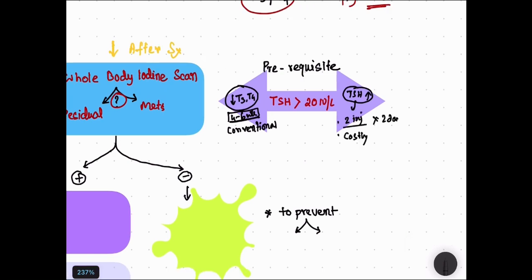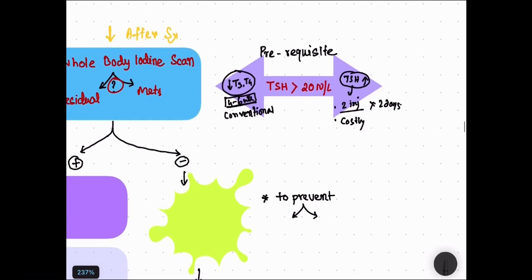If the patient does not have time, then we can recommend these TSH injections. Okay, the 2 injections for 2 days, and they are costly. And very important, in the conventional method we are not giving thyroxine, so the patient can land up in hypothyroidism. With TSH injection, hypothyroidism is not going to happen.